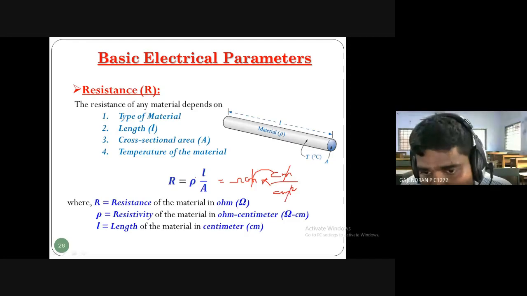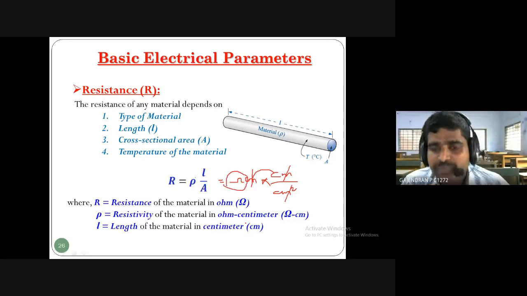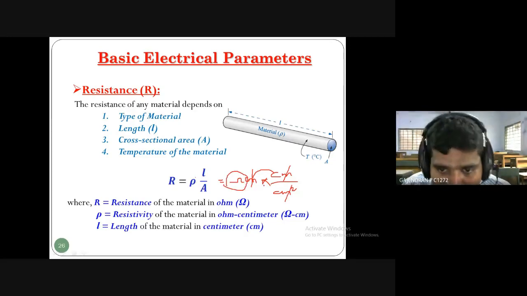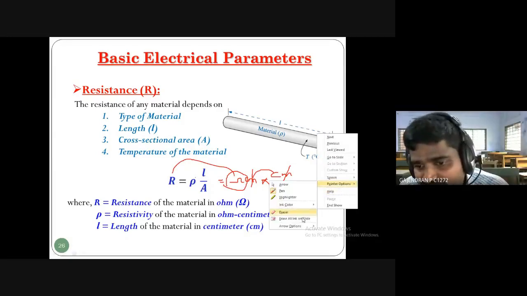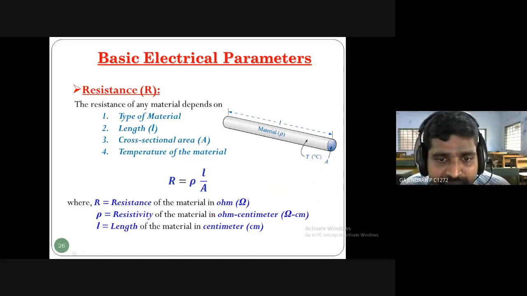If you cancel these two, you will get ohm, the unit of resistance. So this is the relation between these parameters and resistance.